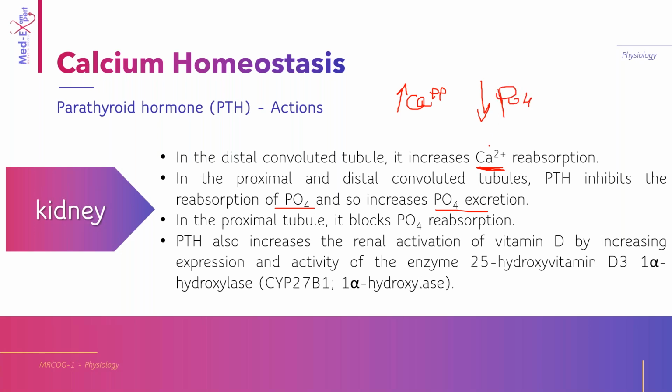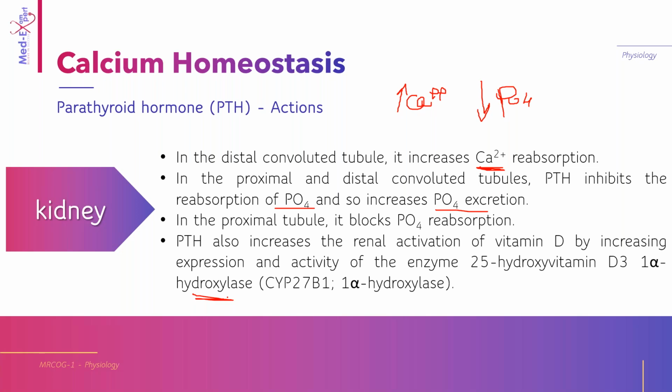This is very important to know. And also in the kidneys, it helps in the activation of vitamin D by activating the enzyme 1-alpha hydroxylase, which is the final step of the activation of vitamin D in the kidneys, as will be shown later when we discuss vitamin D.